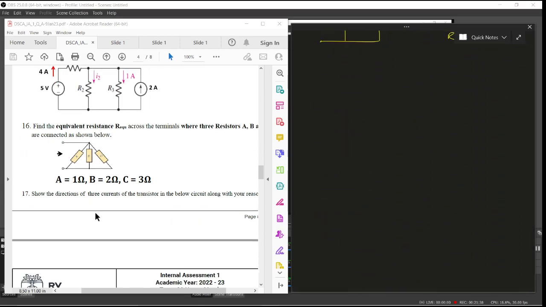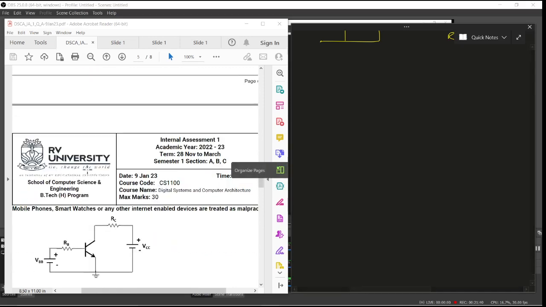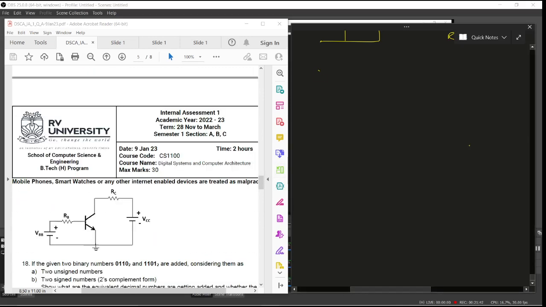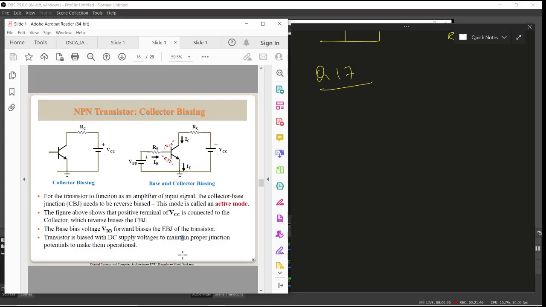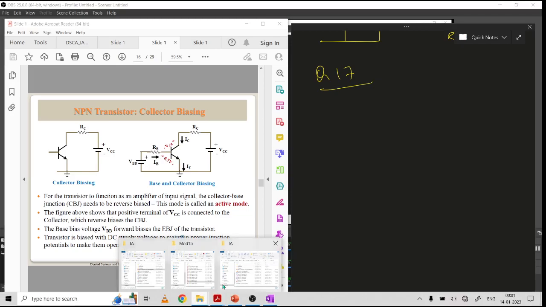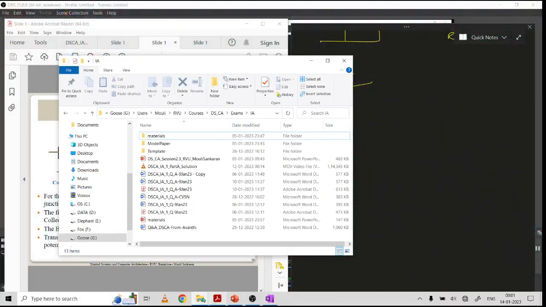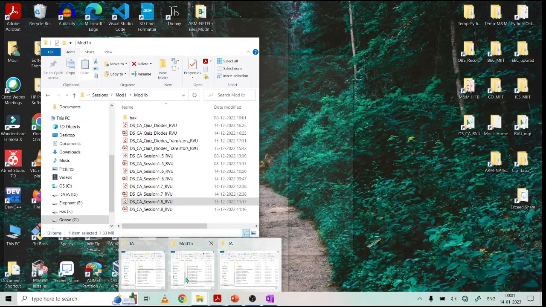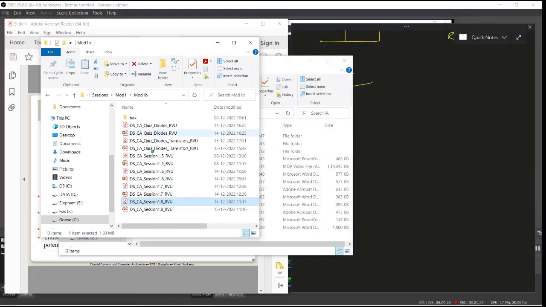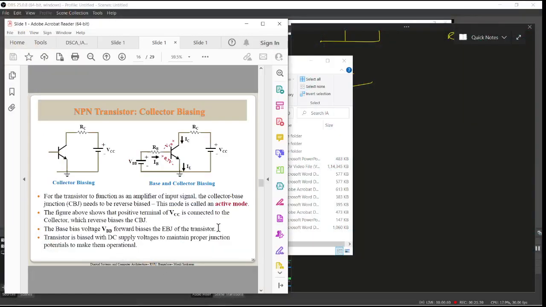Now show the directions of the three currents in the transistor. This we have already explained in section 1.8, which this slide is taken from.